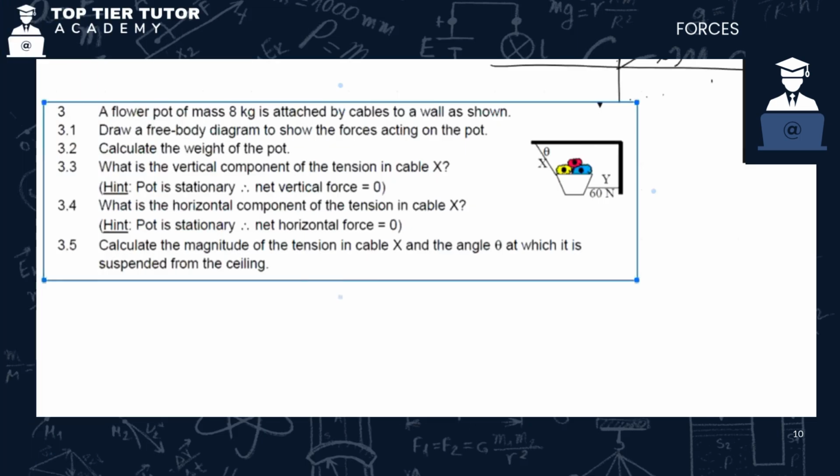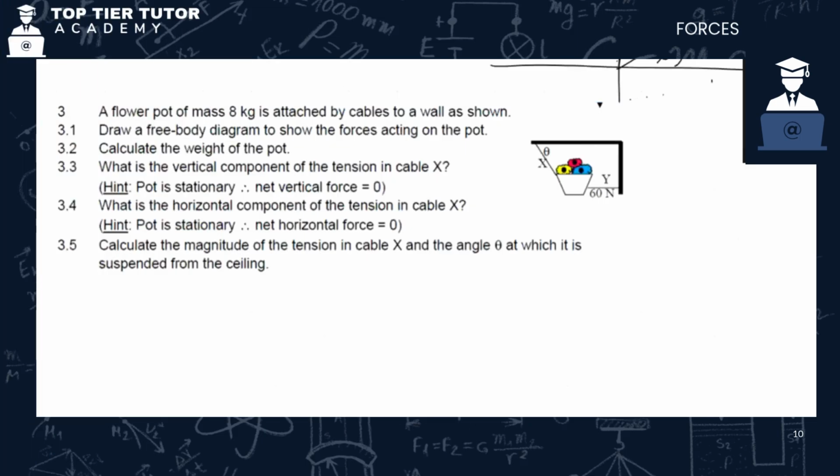So in this example, it says a flower pot of mass 8 kilograms is attached by cables to a wall as shown. Draw a free body diagram to show the forces acting on the pot. Now, when we draw the free body diagram, it's just going to be a dot for us at that point. I want us to consider having some sort of Cartesian plane so that we can have a reference.